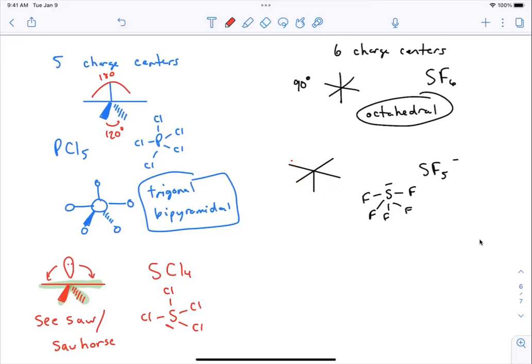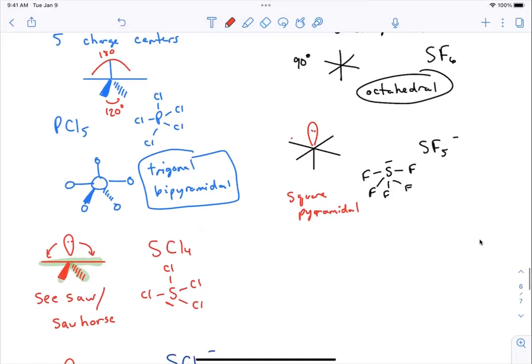That's where the square pyramidal comes from. So this is square pyramidal. Yes, top is lone pair. Let me draw that in there. Like that. Good. Yeah, SF5 minus.